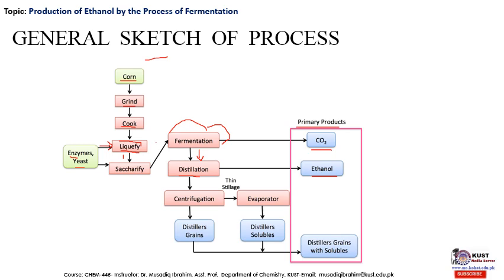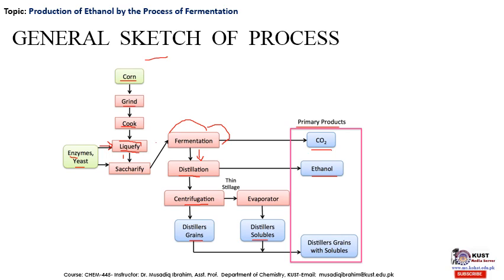the remaining material is subjected to centrifugation, and as a result of centrifugation you get two types of layers. One are the distiller's grains, which are the lower layer, and the other are the distiller's solubles, which is the upper layer.